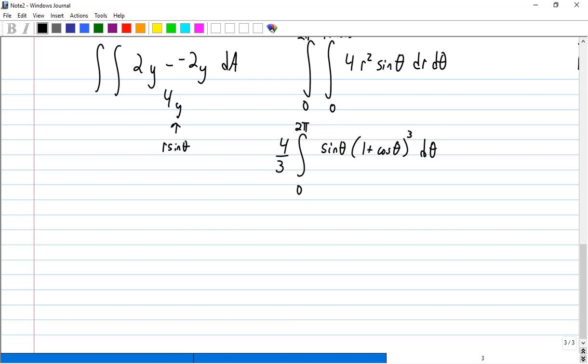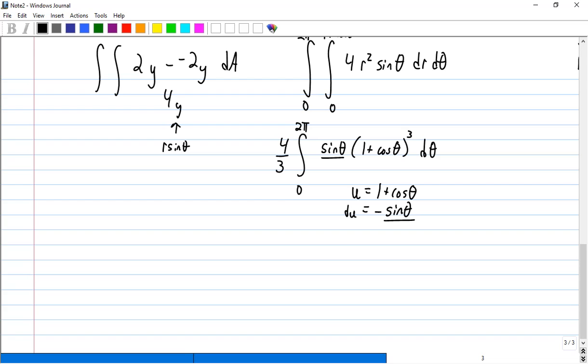What's the easiest way to do this integral? It's actually super easy. It's not complex at all. The u is going to be what's being raised to a power. So then the du is equal to what? 0 minus sine theta. And your sine theta is on the outside.